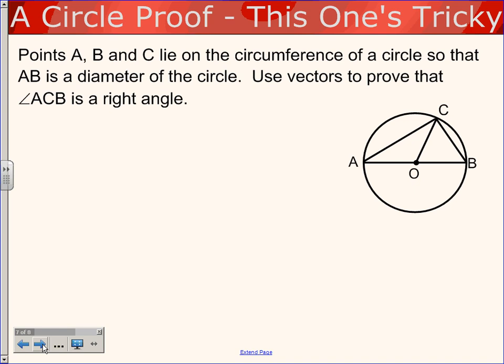Some of you may have heard of this before. If you have 3 points on a circle, so I'm going to say that AB is the diameter, okay?